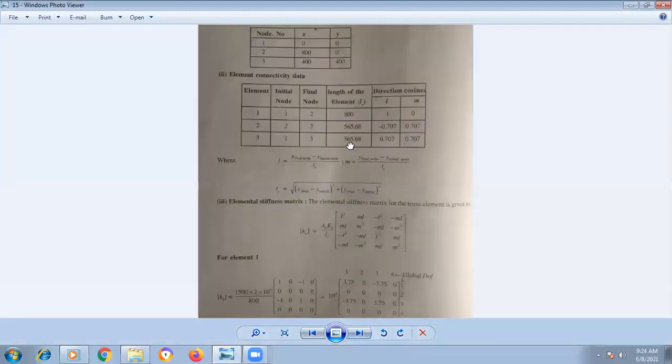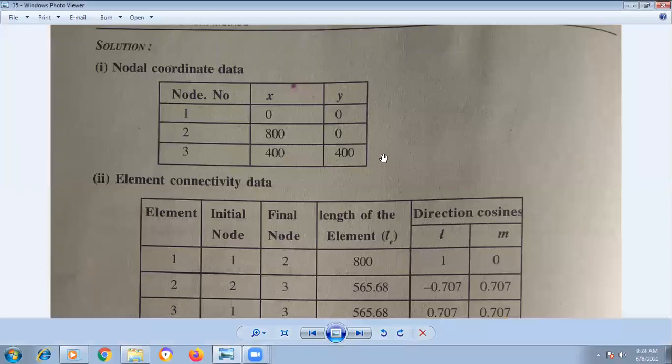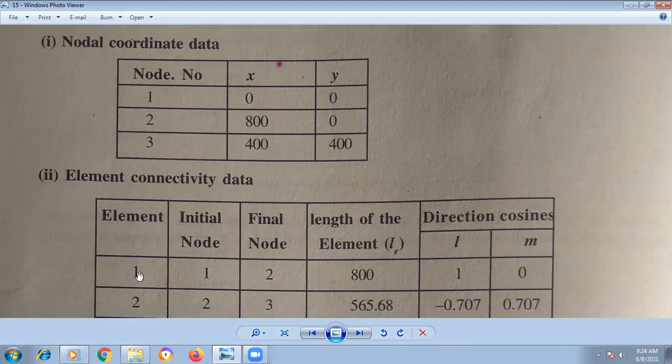Now, let us write the element connectivity table, a very important thing. Whatever you write, you stick to that. If you say nodes 1 and 2 correspond to the first element, you have to stick to that. Your friend may write a different one, 2, 1. In that case, his matrices will be different, but the answer will be the same. The displacement will be the same.